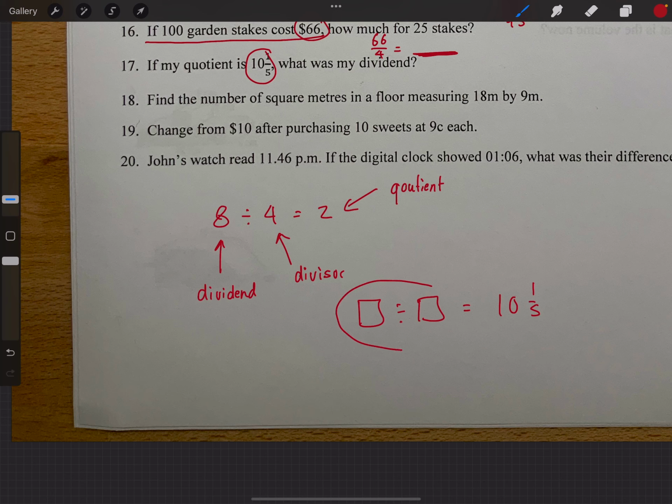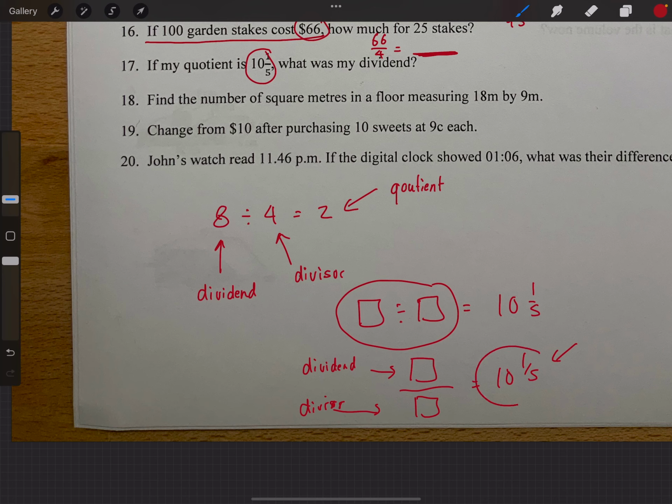Now we can put this as a fraction as well. We can say something divided by something. The top number is the dividend, and this is your divisor. And the quotient is 10 and 1 over 5.